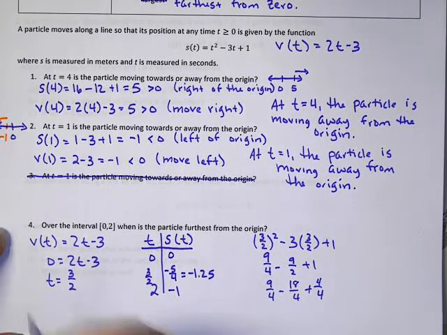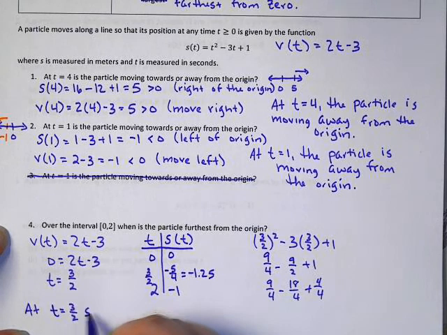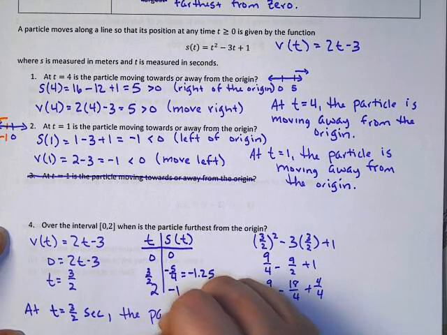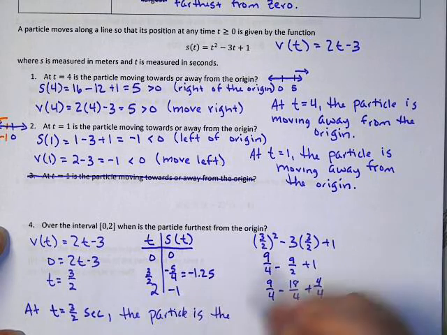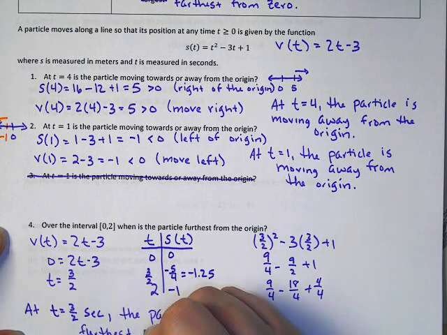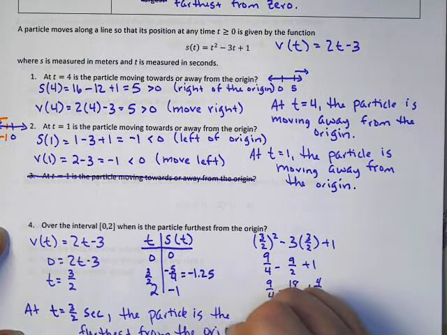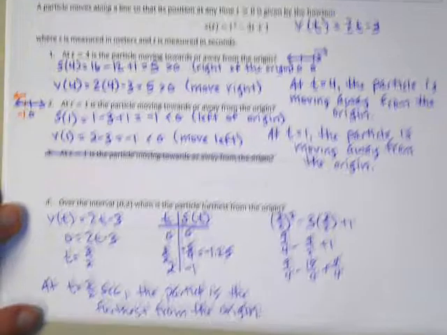So what we would say here is that at time t equals 3 halves seconds, or 1.5 seconds, the particle is the farthest from the origin. Because that is the farthest away from 0 that we get.